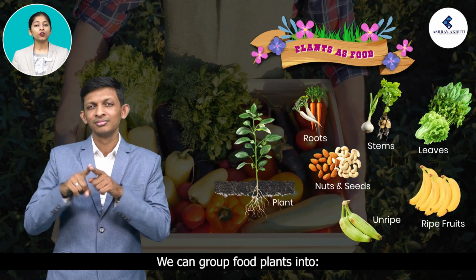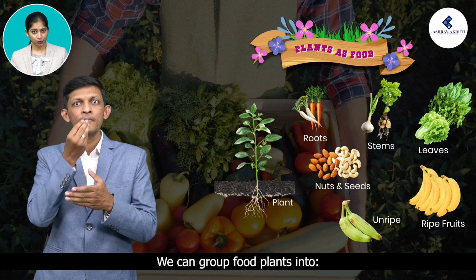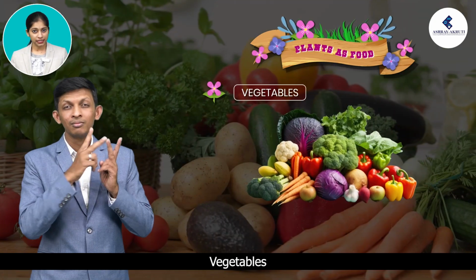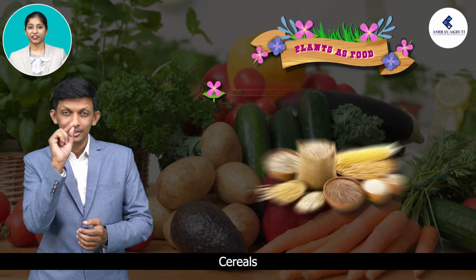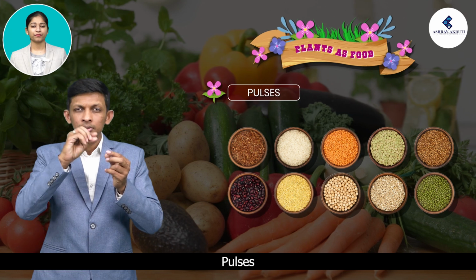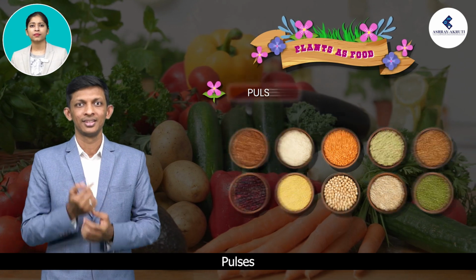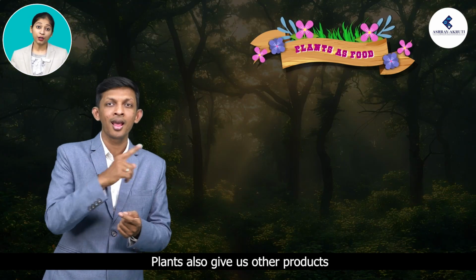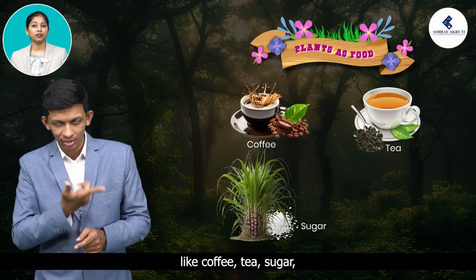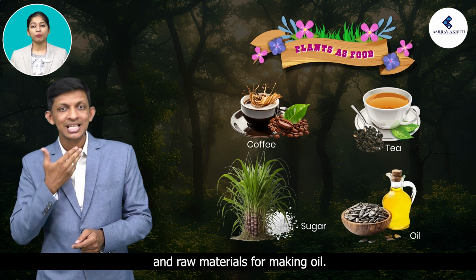We can group food plants into vegetables, cereals, and pulses. Plants also give us other products like coffee, tea, sugar, and raw materials for making oil.